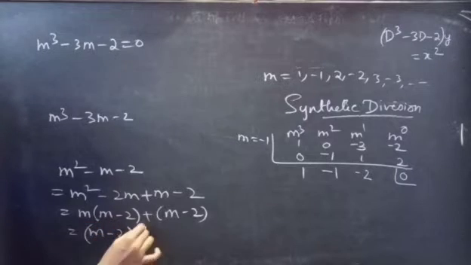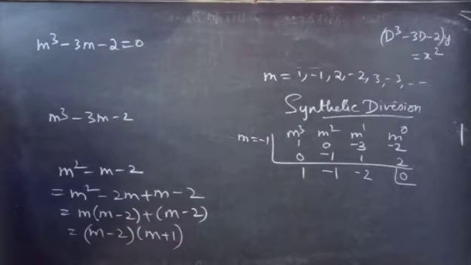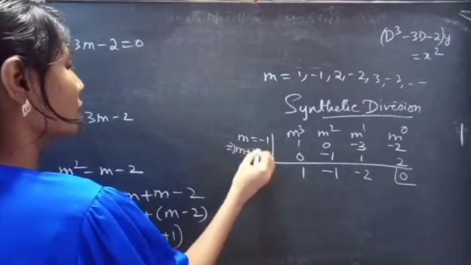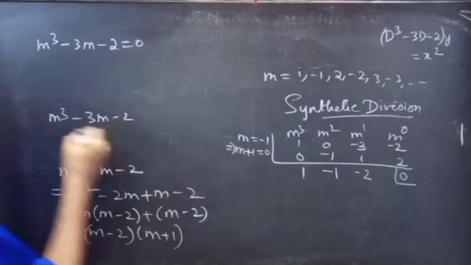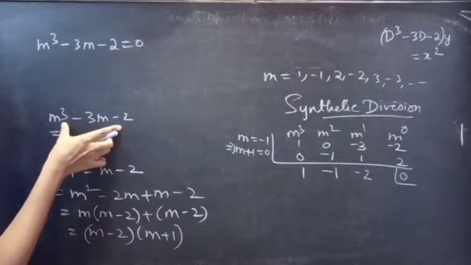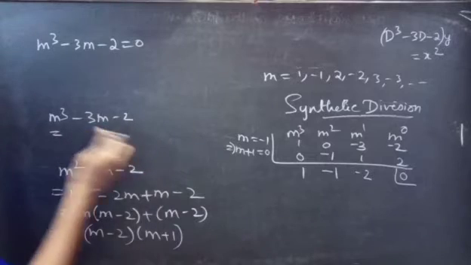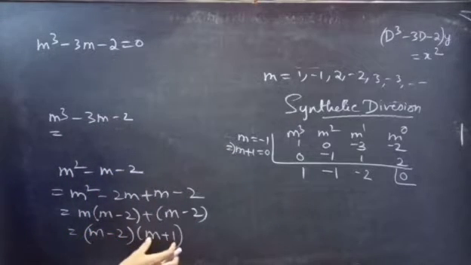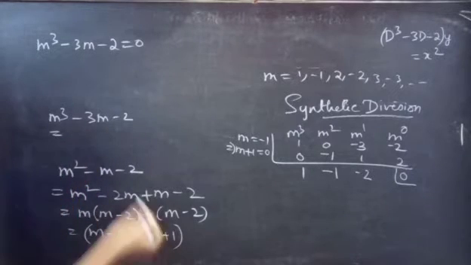We'll get m minus 2 into m plus 1, right? So from m equals minus 1, we'll get m plus 1 equals 0. And we can write m cube minus 3m minus 2 as the product of m plus 1 into m minus 2 into m plus 1.